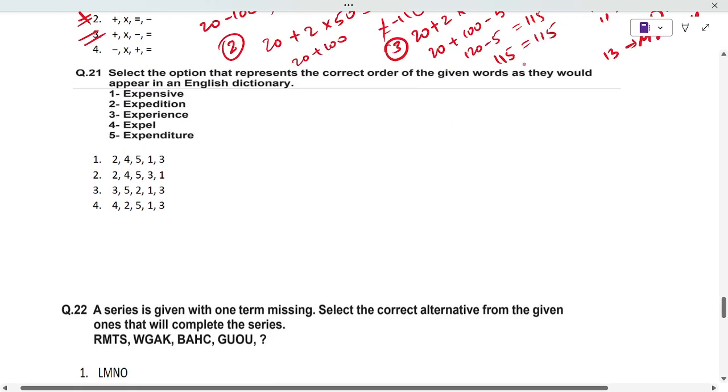Okay, now this is also from symbols and notations, and we need to arrange the words in English dictionary order. But we have a problem here because all the starting letters are E, so we have to decide which one will come first.